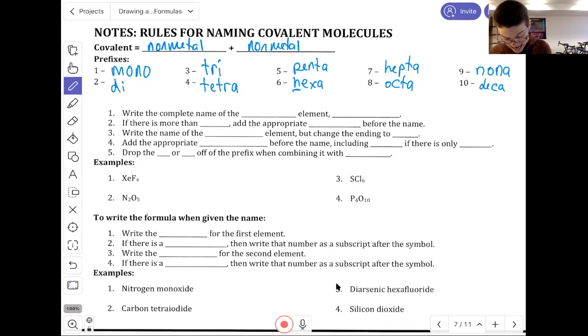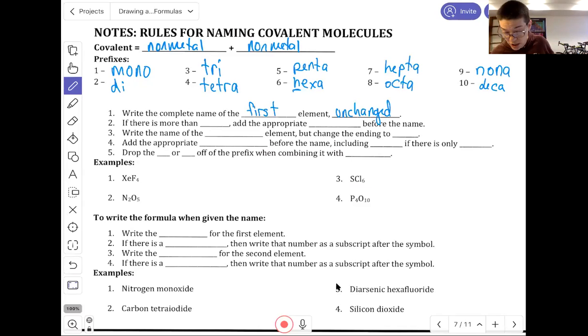So if I have a formula and I need to write the name, I will start by writing the complete name of the first element, unchanged. I do not make any changes to the name of the first element. So if the first element is sulfur, I just write sulfur.